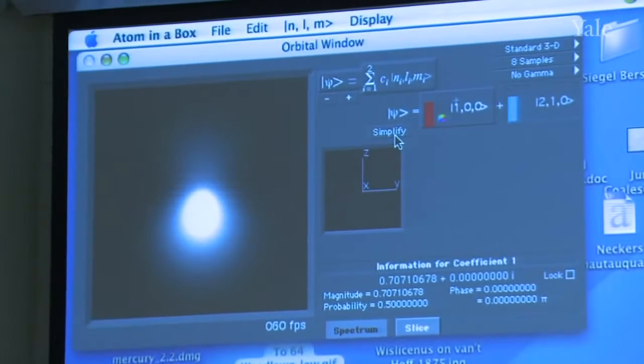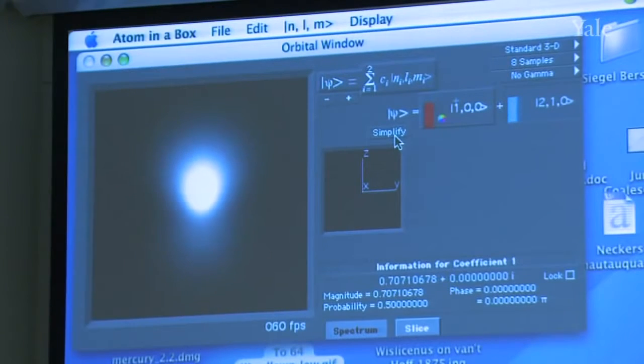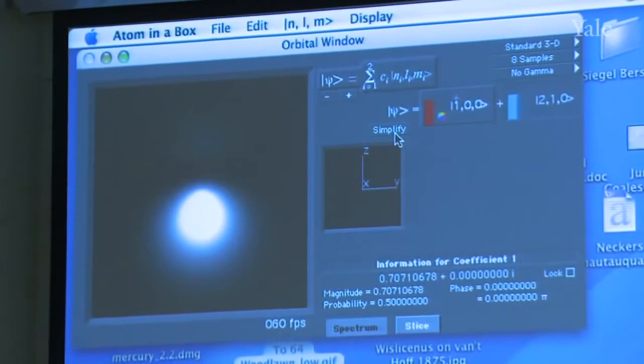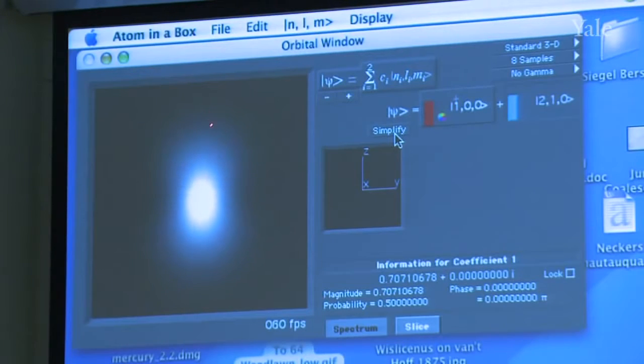What we showed before was fixed in time, and it would shift it up or down. But if you look at it as time goes on, you see that it actually goes back and forth between being down and being up. So the electrons, when you mix 1s and 2p, oscillate up and down in time, right?